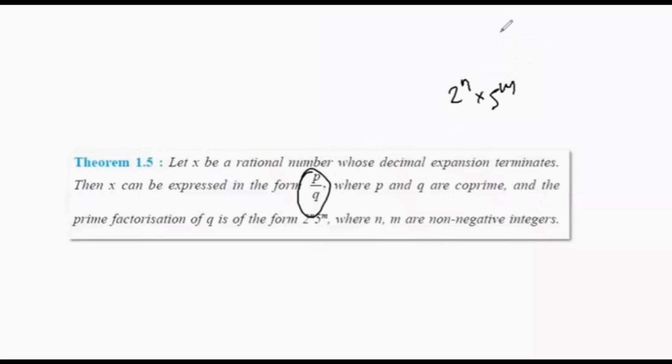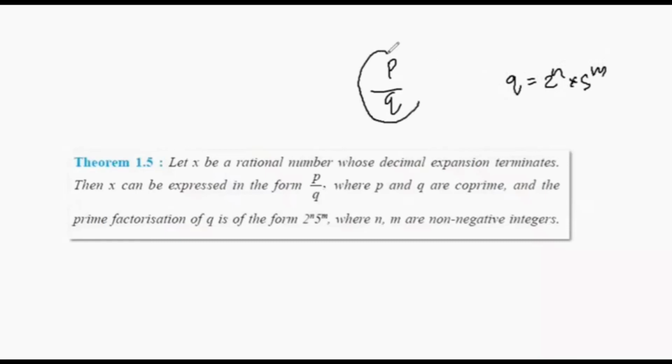That's what we discussed here. And the reverse also: if p by q is a rational number with p and q coprime, and q in prime factorization is in the form 2 raised to n into 5 raised to m, then the decimal form of this rational number will terminate.